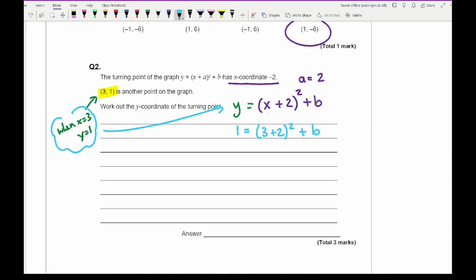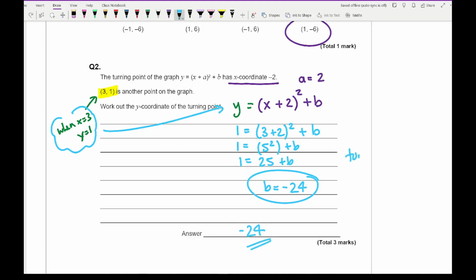Simplifying, I get 1 equals 5 squared plus b. So I've got 1 equals 25 plus b. So b therefore must equal minus 24. So the y ordinate of the turning point is going to be minus 24.